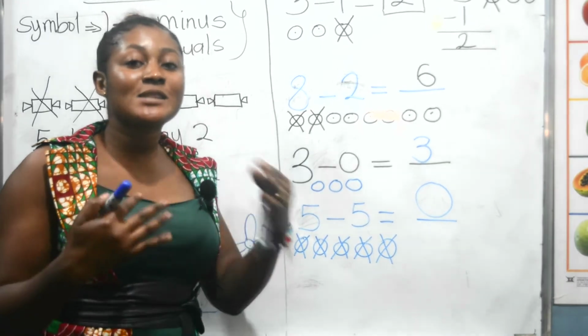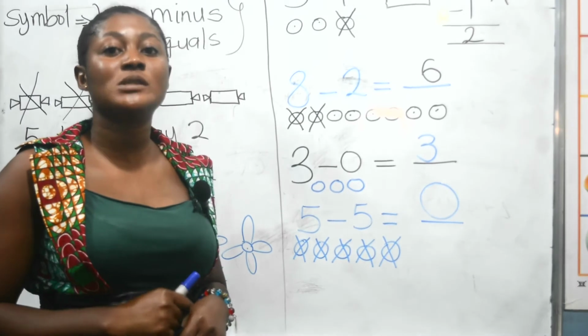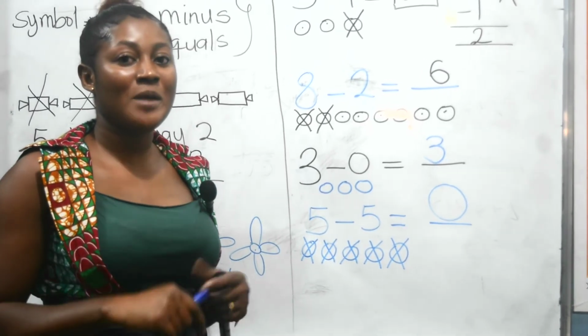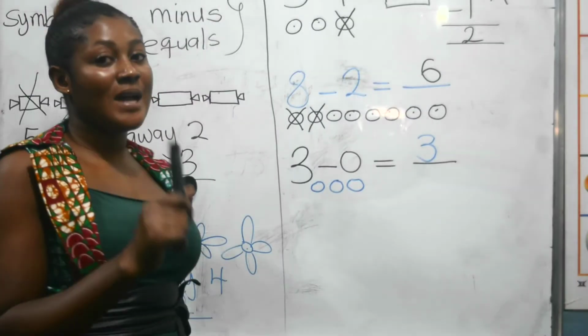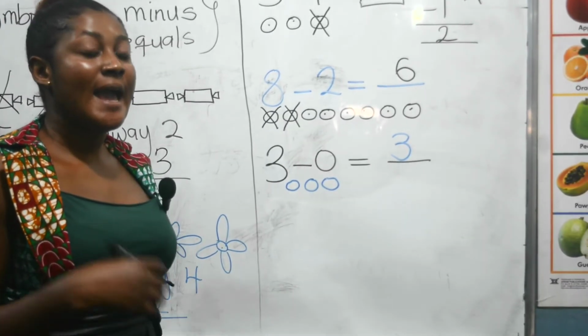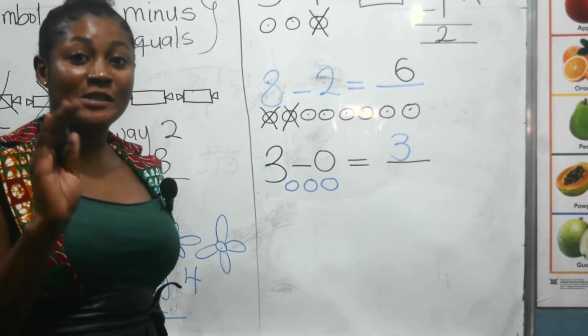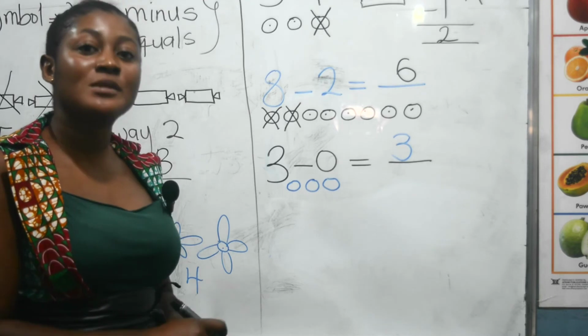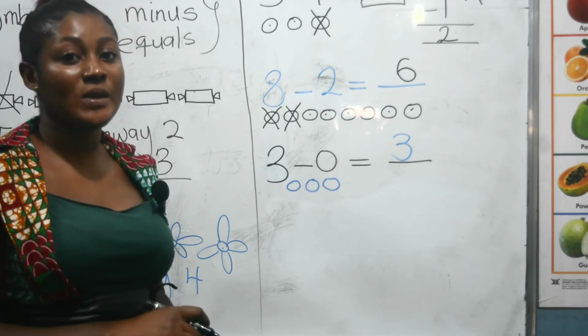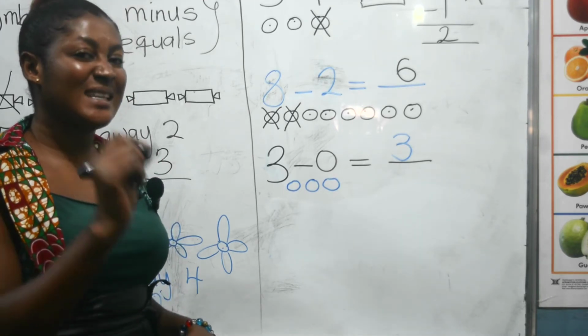So guys, I'm going to give you one example, then try your hands at it at home. Okay, so after this commercial break, I will see if you were able to solve it for me or you were not able to do it. So take your pencil and write this one for me.